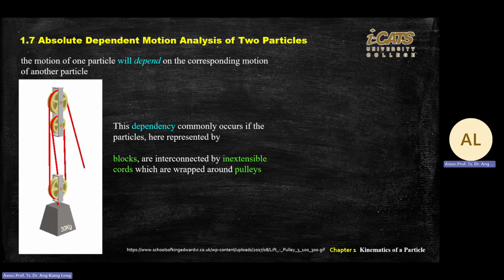We convert kilos to Newtons. 1 kilo equals how many Newtons? mg, so you get 9.81 Newtons. Sorry, 10 kilos is 98.1 Newtons to pull a 10 kilo object.